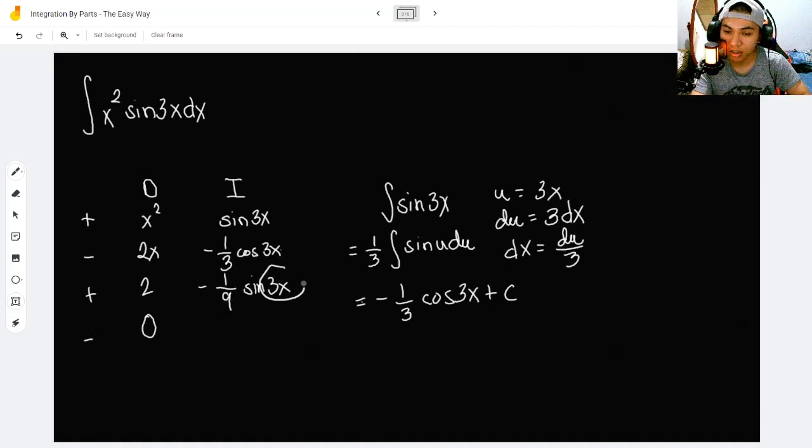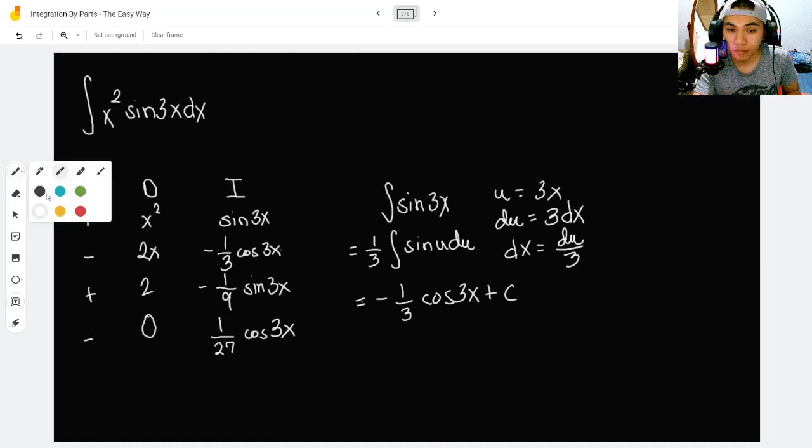Okay, so since this is the parameter, and then multiplying this by 3 and finding the integral of sine, the integral of negative sine is positive cosine. All right, so we have 1/27 cosine of 3x.